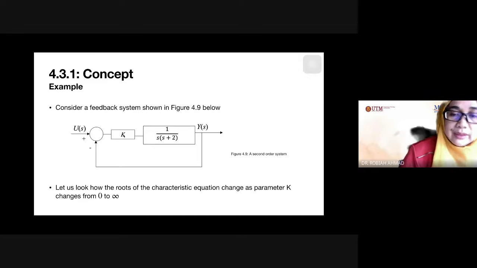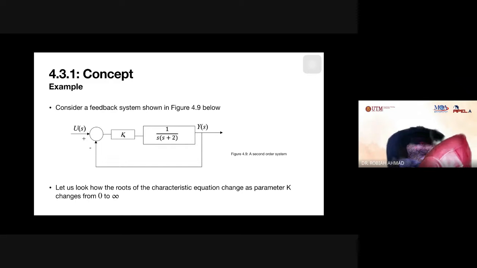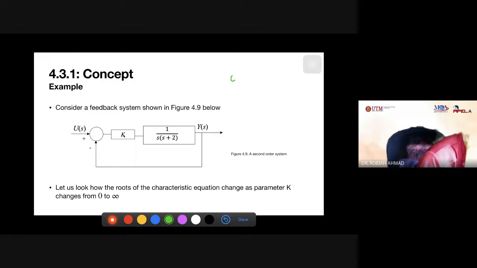Closed loop transfer function lah, okay? So determine the closed loop. Closed loop transfer function will be Y(s) over U(s).